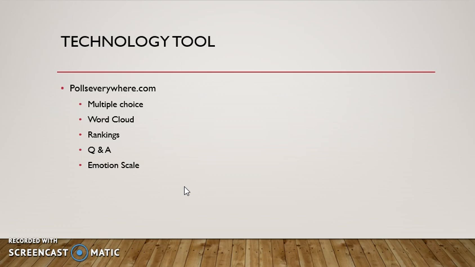So rankings will enable me to pose a question and then see where the audience rates, sort of like on a bar graph. There's also a question and answer option, and then there's an emotion scale. So I plan to use Poll Everywhere throughout my presentation to gauge the audience, to gauge their understanding, to gauge their mindsets, to keep them engaged, to keep their attention, and just to kind of make this more of a discussion rather than a lecture.